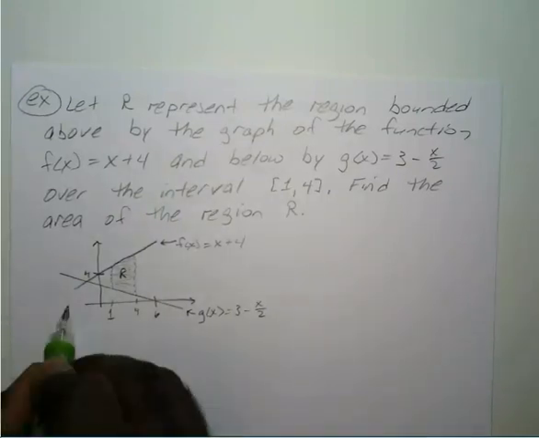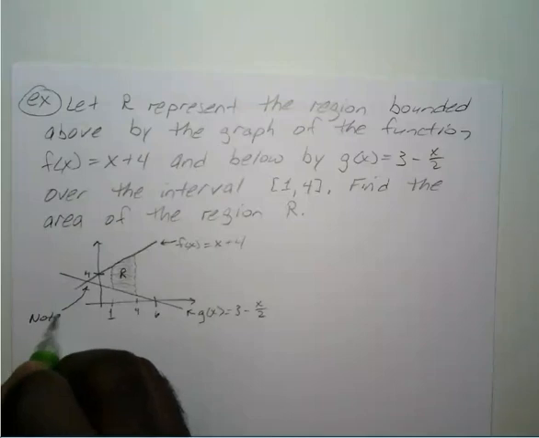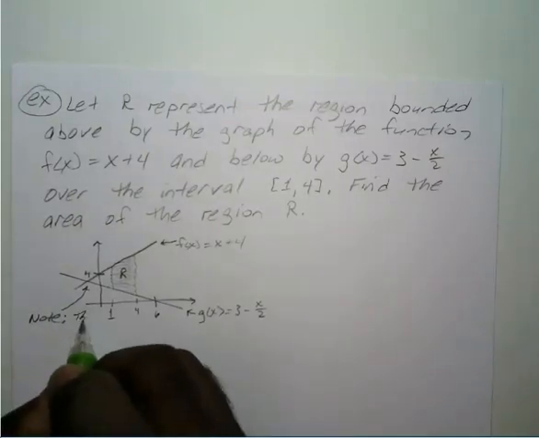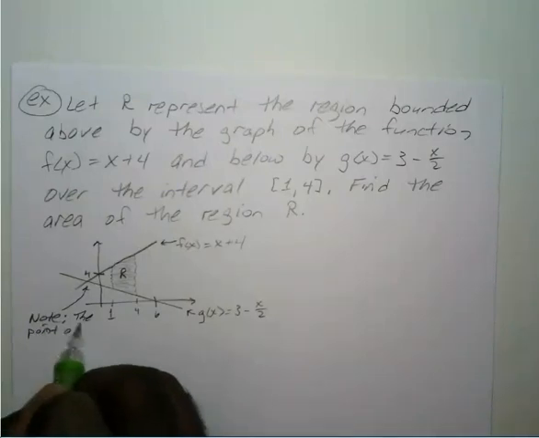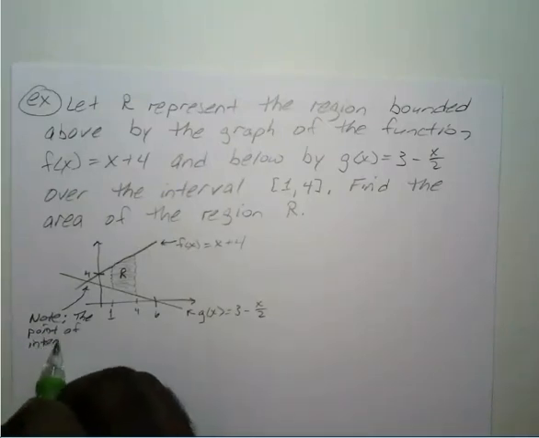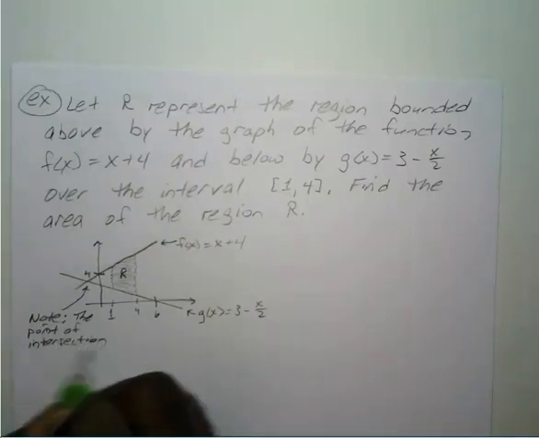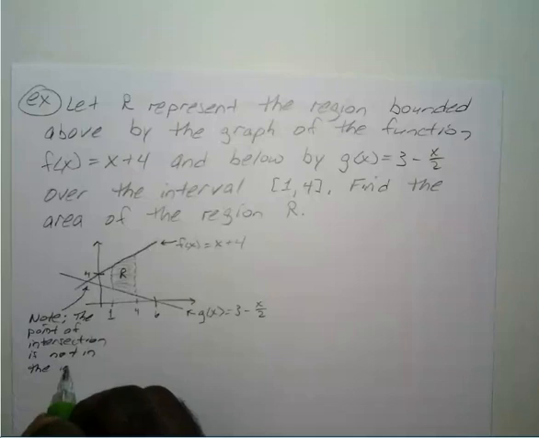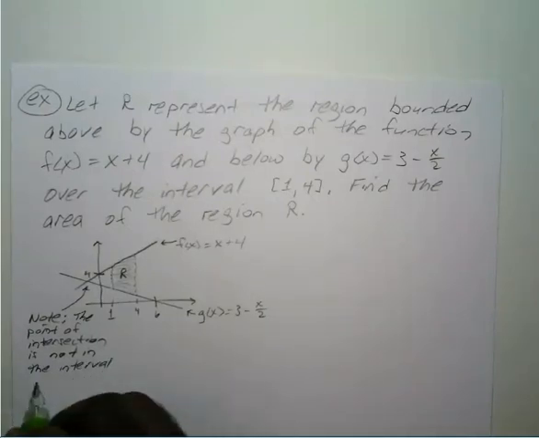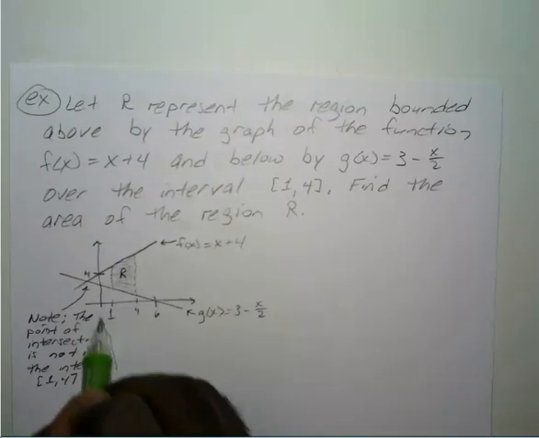Okay, now just a quick note. The point of intersection is not in the interval 1 to 4.